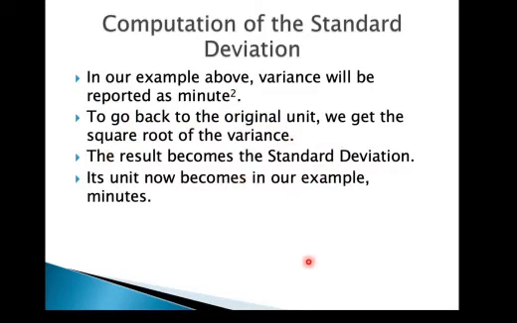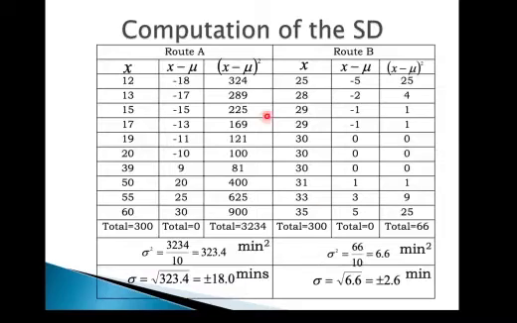and the result is the standard deviation. And so here, in our example from a while ago, these values are called the deviations from the mean. The mean is 30, 12 minus 30 is negative 18, 13 minus 30 is negative 17.